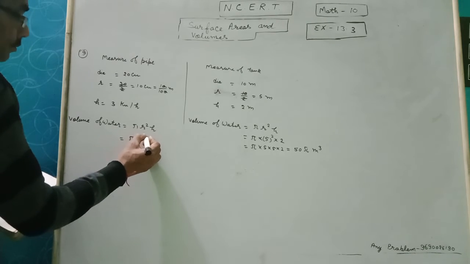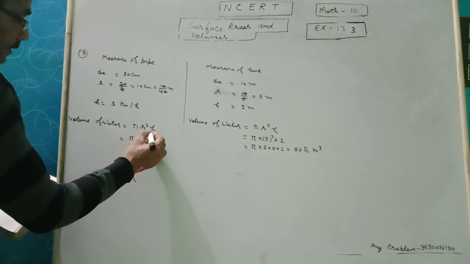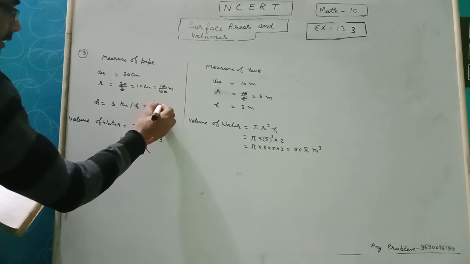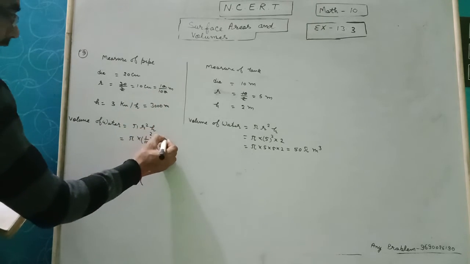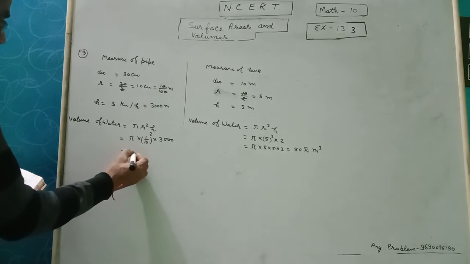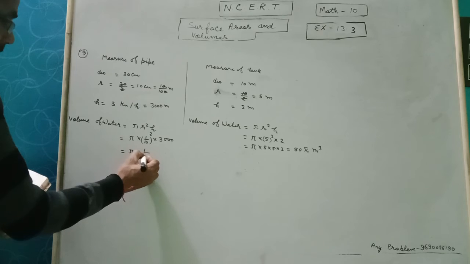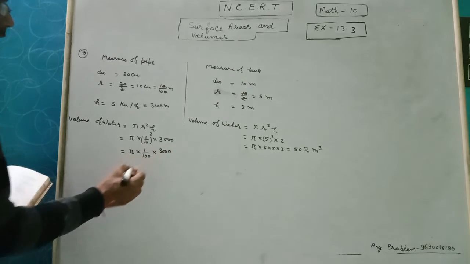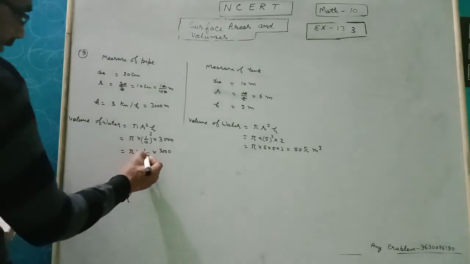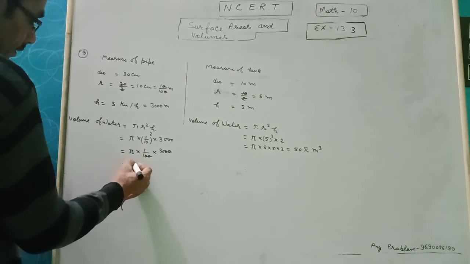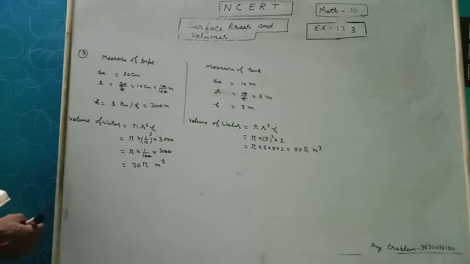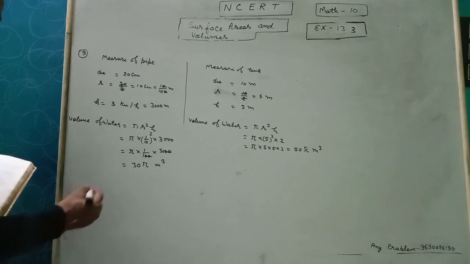Pi into 1 upon 10 square into 3 km, which will be changed into meter, 3000 meter. 3000 pi into 1 upon 100, zero cancels zero, 30 pi meter cube will be the water through the pipe.